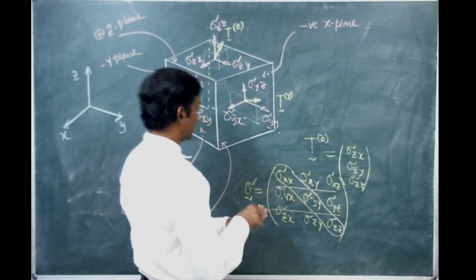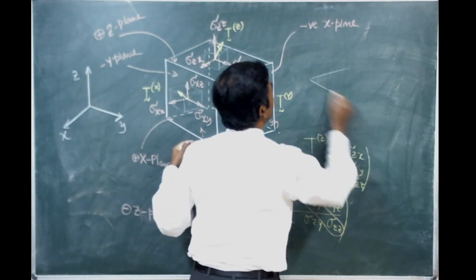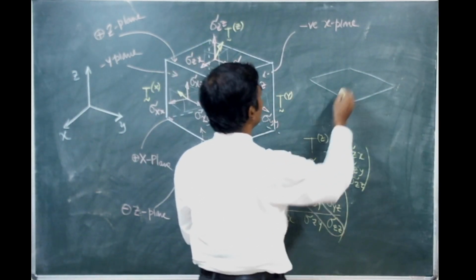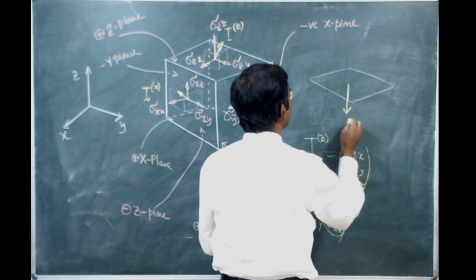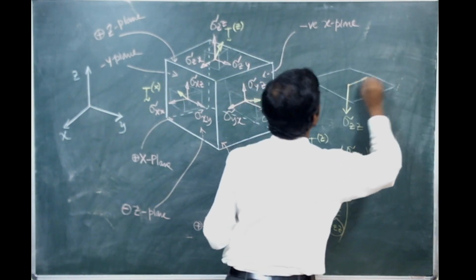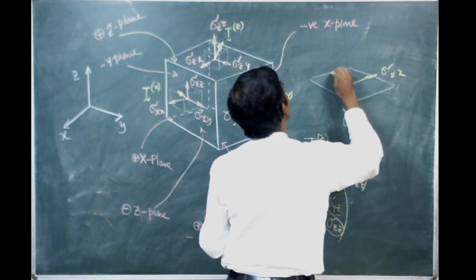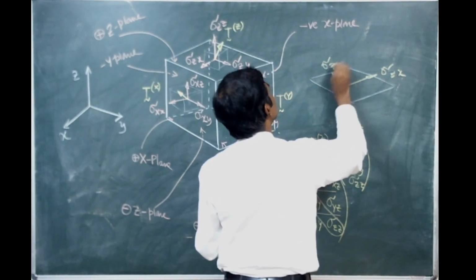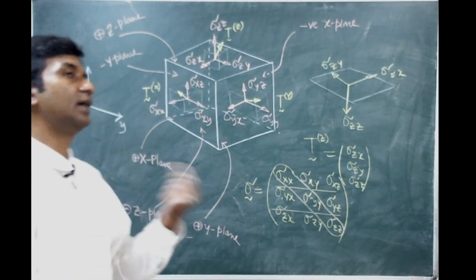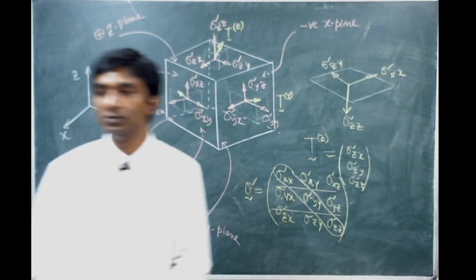For example, if we just consider the bottom plane, the bottom part, and you wish to identify the stresses on that plane, it would be sigma zz, sigma zx, sigma zy. So positive plane, positive direction, positive; negative plane, negative direction, positive. Or in the other situation, you get the negative value.